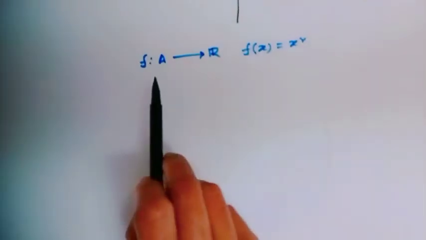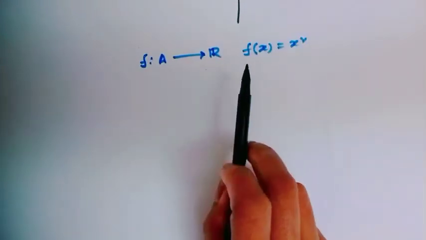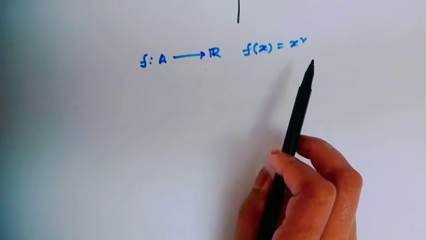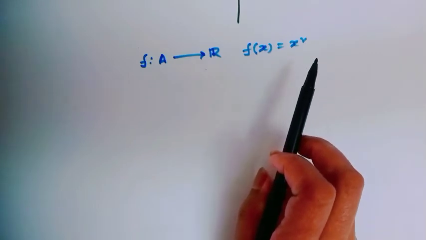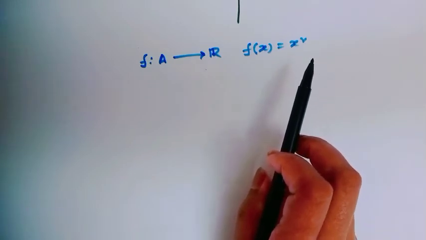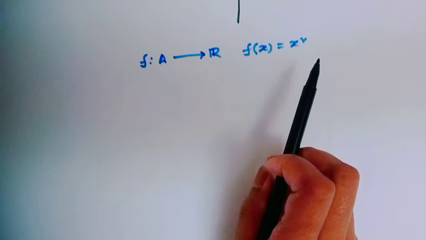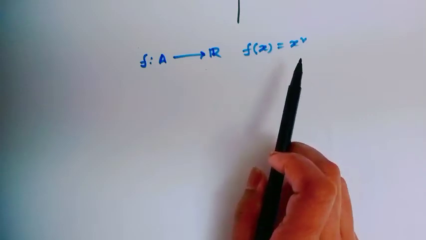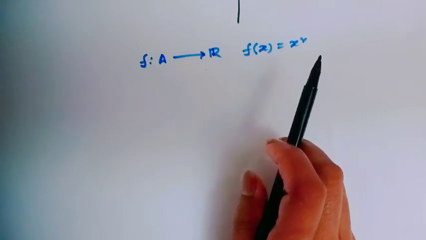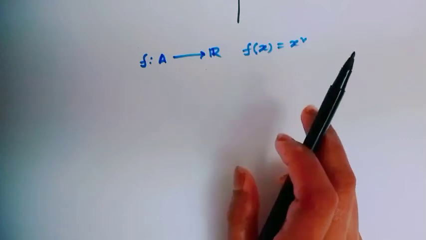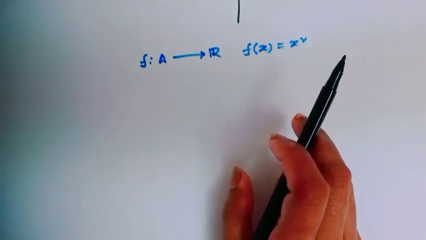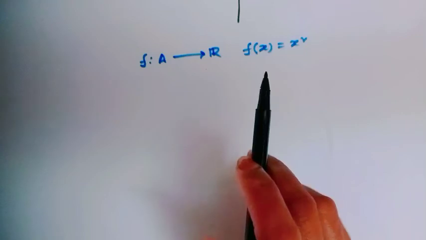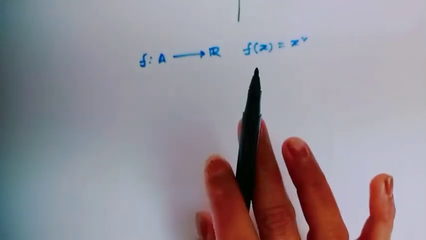Let's see one example. Let's consider f from A to R such that f(x) equals x squared. By the sequential criterion, is the function continuous? We all know this function is continuous, because if you see the graph, the pen never leaves the paper.